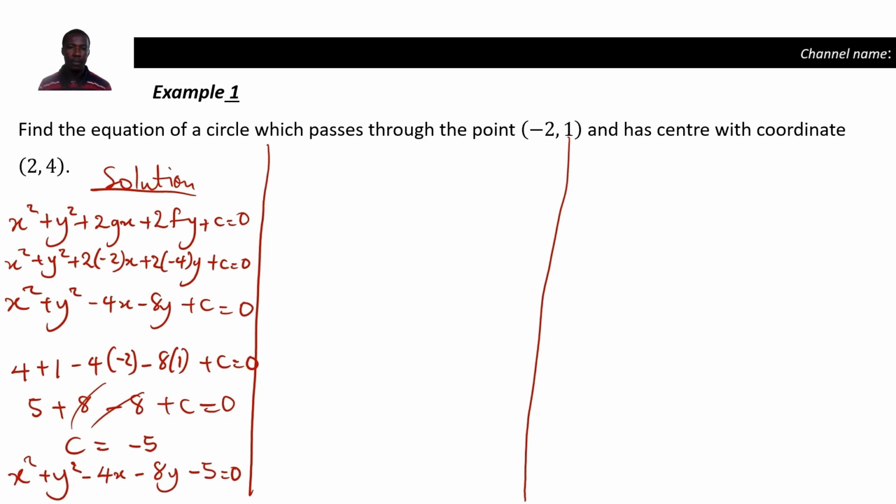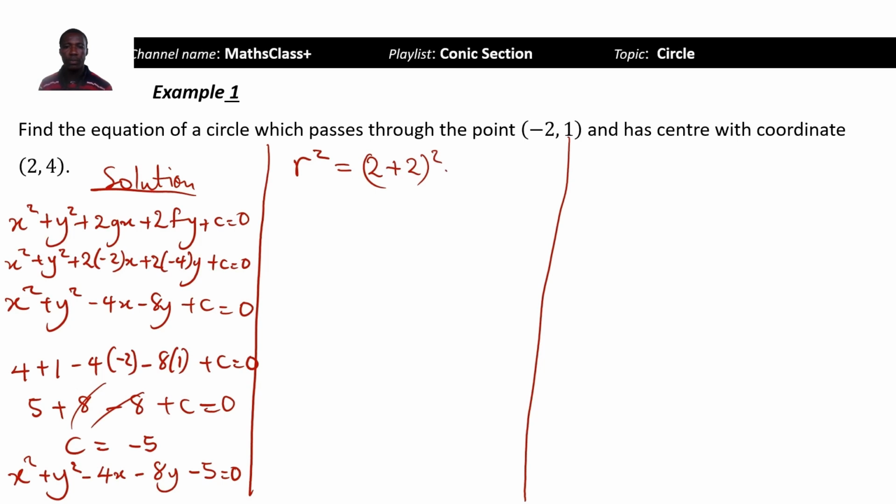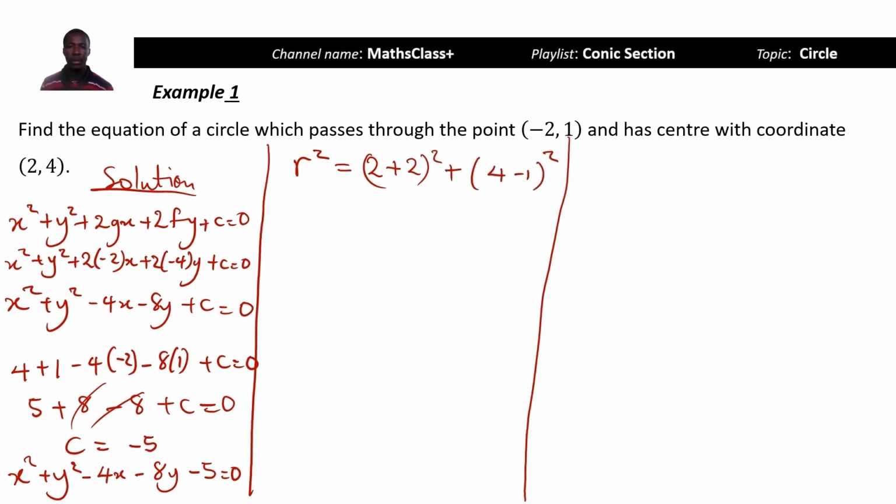There is another way. Another way is to determine the radius. And so if we want to find the radius, it is the distance between the 2 points, the center and a point on the circle. So our radius squared will be equal to 2 minus negative 2, which becomes plus 2, squared, plus 4 minus 1 also squared.